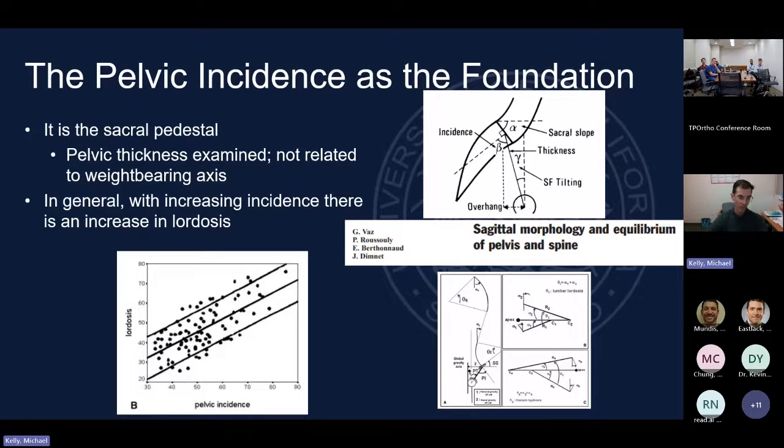But in general, we know that as your PI goes up, your lumbar lordosis goes up, and that's what that scatter plot shows. The problem is that the confidence intervals around that scatter plot are quite wide. The scatter, right, is really distributed around that line. What does that mean? It's good to understand this, because you will see this stuff presented and you will hear people speak with absolute confidence, but very little statistical background.